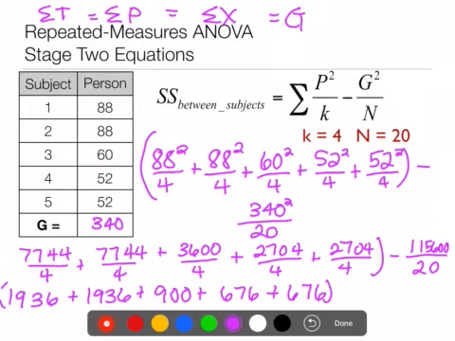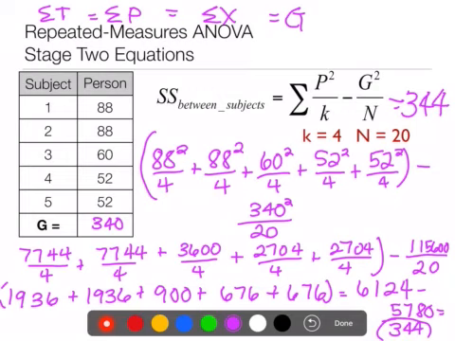Okay, and we get a value of 6,124. When we take our 115,600 divided by 20, that gives us a value of 5,780. So 6,124 minus 5,780 is equal to 344. Okay, so that is our sums of squared between subjects, 344.